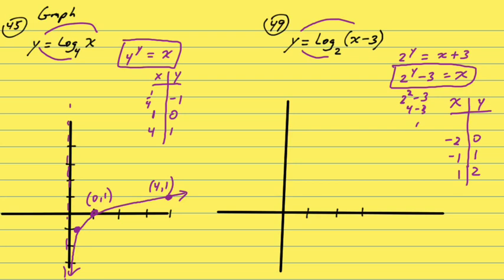So let's just graph these to start with. Negative 2, 0 is over here. Negative 1, 1 is about there. 1, 2 is up here. I notice that this shifts everything over.